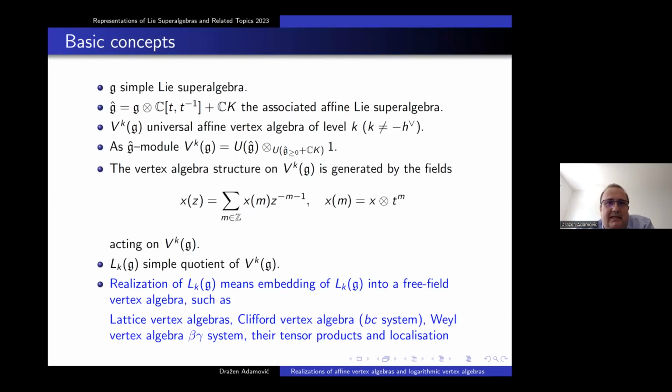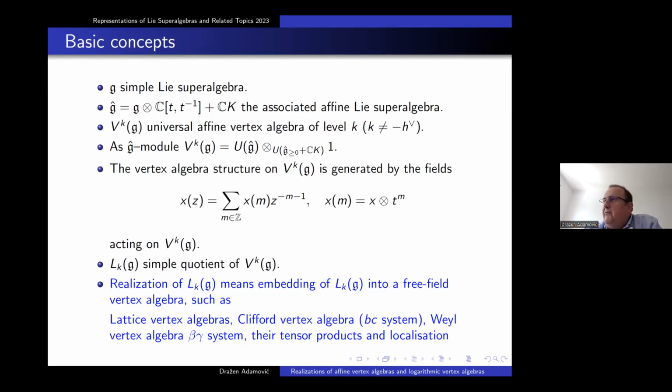We start with a simple Lie superalgebra, and then we have the associated affine Lie superalgebra. So this is an infinite dimensional Lie superalgebra, and we are interested in the representation theory of this infinite dimensional Lie superalgebra.